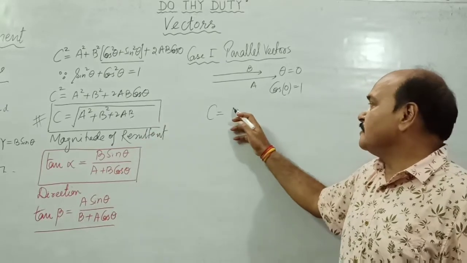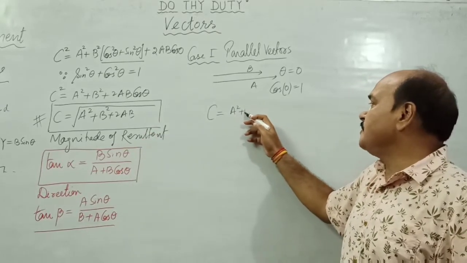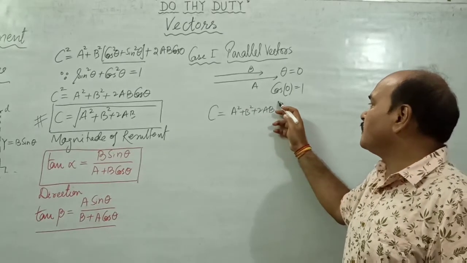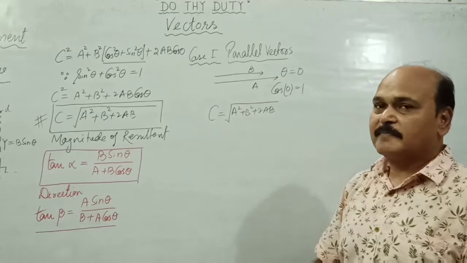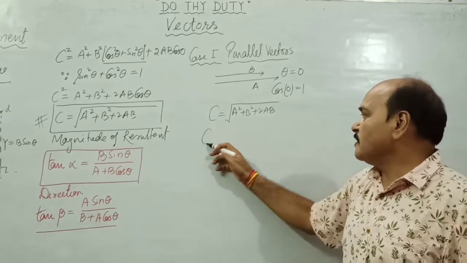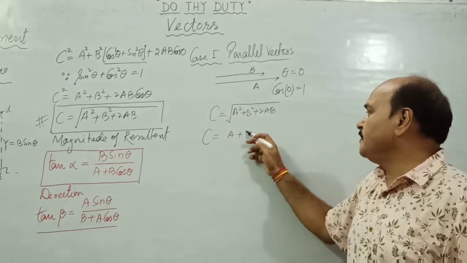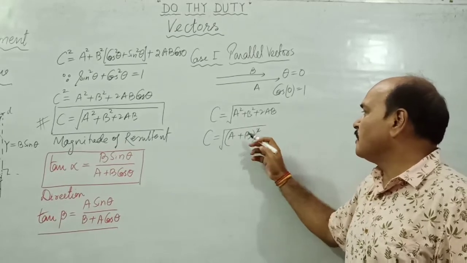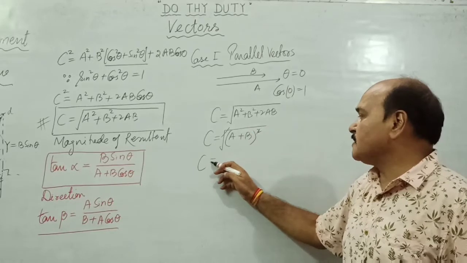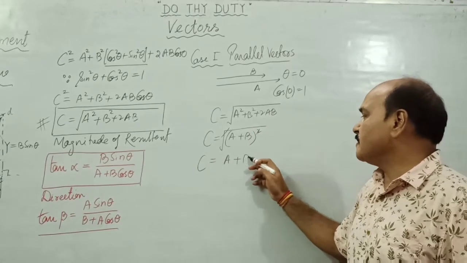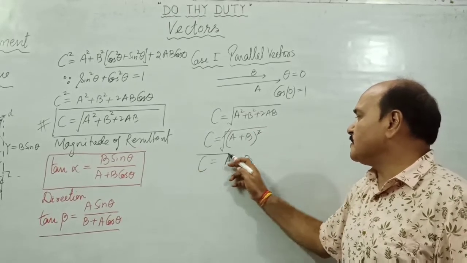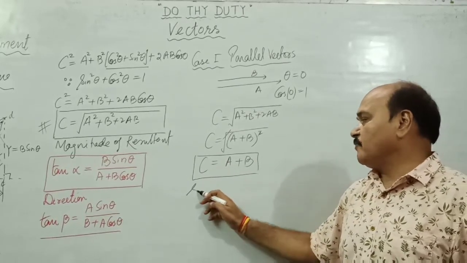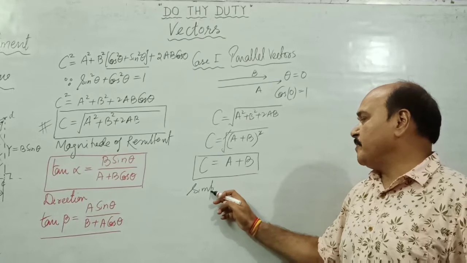So what is this C? This C is the square root of A squared plus B squared plus 2AB cos theta, and that cos theta is 1. And this quantity within the square root is nothing but A plus B whole squared. The square and square root cancel out. What do we get C as? We get C as A plus B. This is the vector sum. This is simple sum. If two vectors are parallel, the sum of two vectors is simple sum.